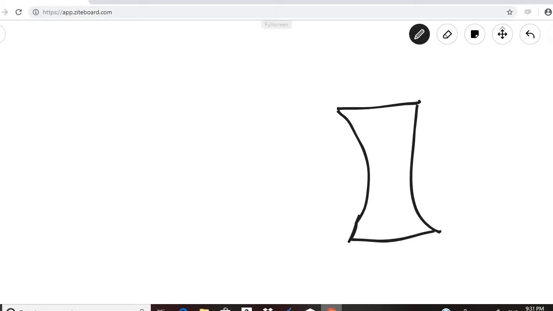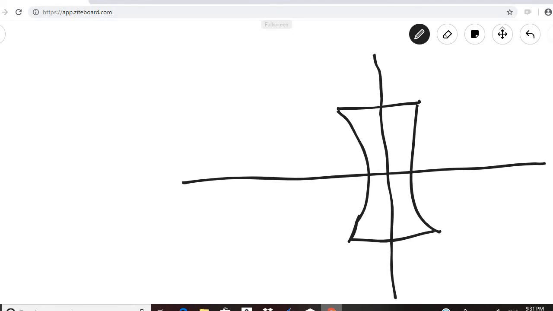Okay, so let's go ahead and draw our lens. And again, everything is measured from the center of the lens. So we'll go ahead and draw our line down the center, and we'll draw one through the center here.